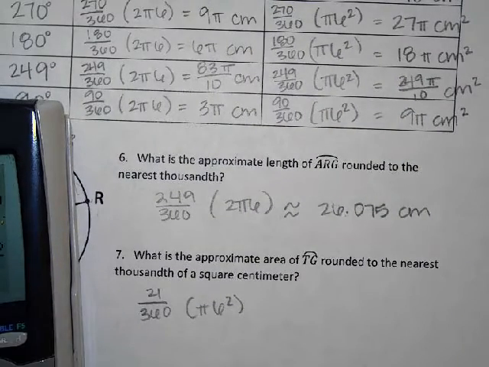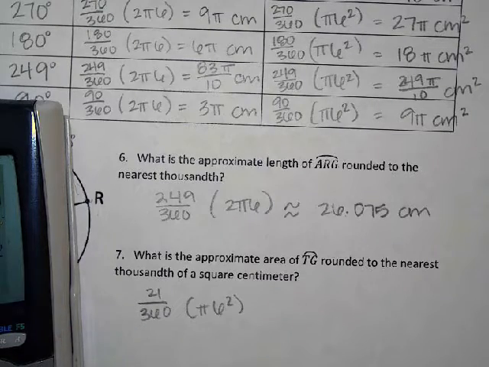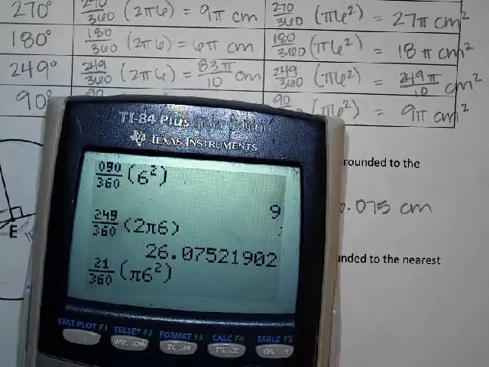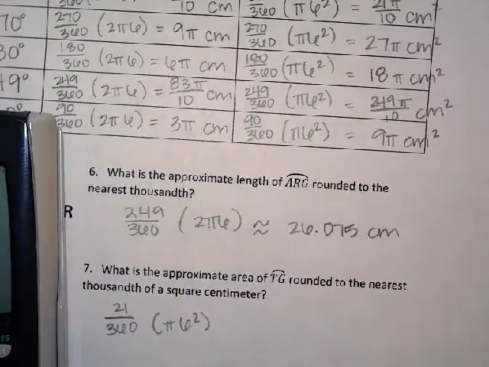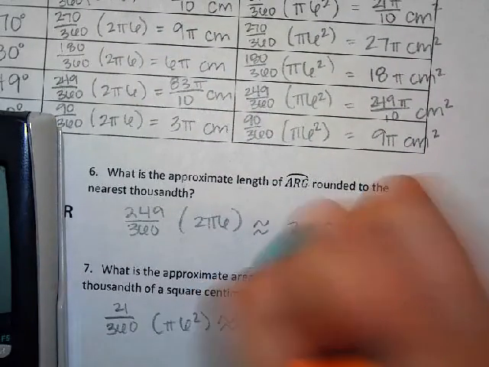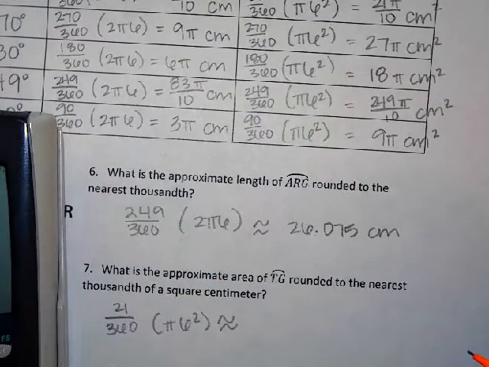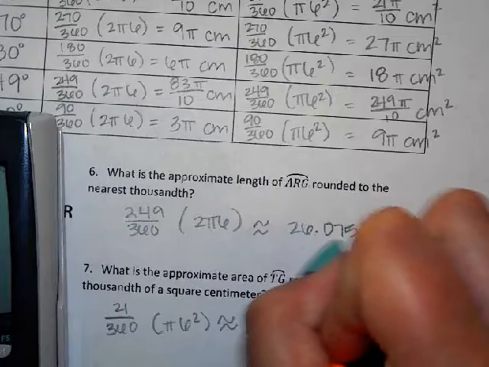So pi 6 squared. Typing it in because we want the decimal this time. And what do you guys get? Perfect. Okay, cool. And then the units are centimeters squared.